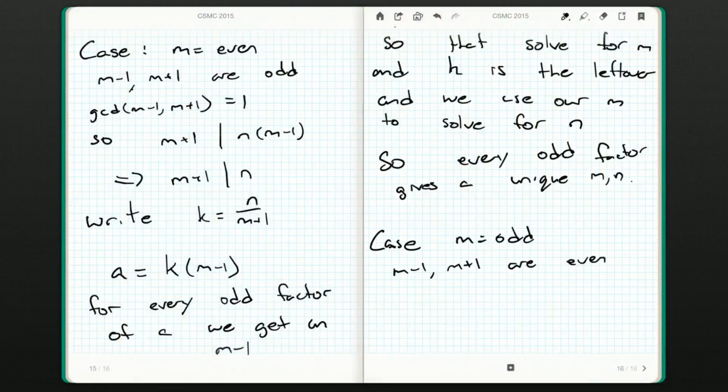Okay. So, in this case, what can we do? Well, we can write, we know that m minus 1 is even, so let's let it be 2L.